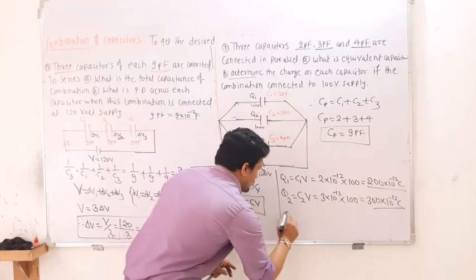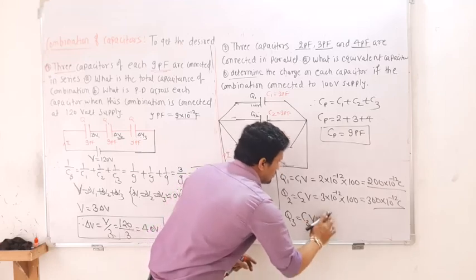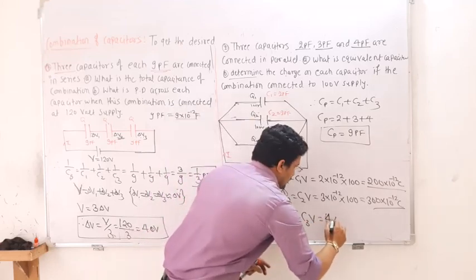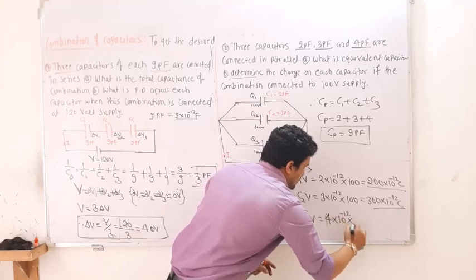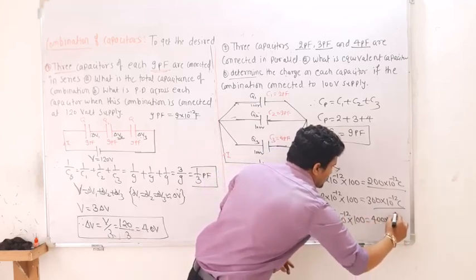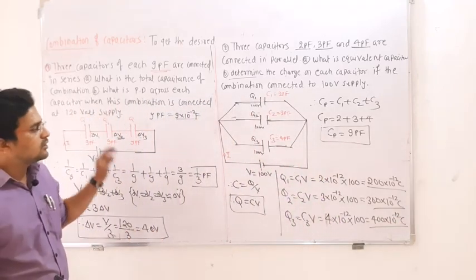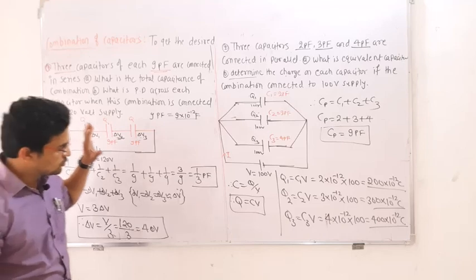Same Q3 is equal to C3 into V, which is 4 into 10 to the power of minus 12 into 100, equal to 400 into 10 to the power of minus 12 coulomb. These are some numericals you have to go through.